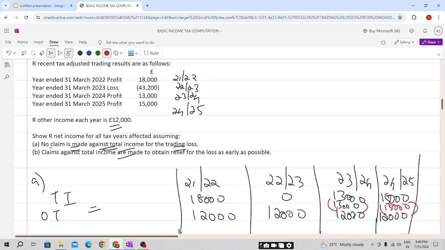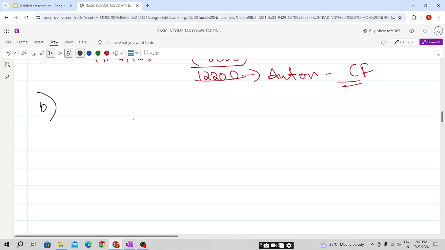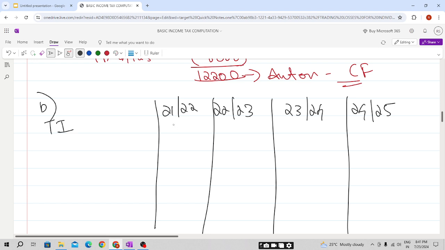Students, in the A part, no claim was made against the total income. Now coming to the B part, a claim against total income is made to obtain relief for the loss as early as possible. As early as possible, we need to make the claim. Same as before, first we'll make the columns 21-22, 22-23, 23-24, 24-25.